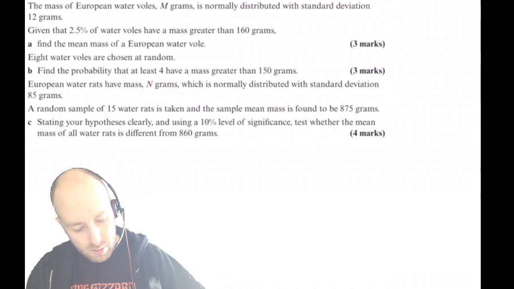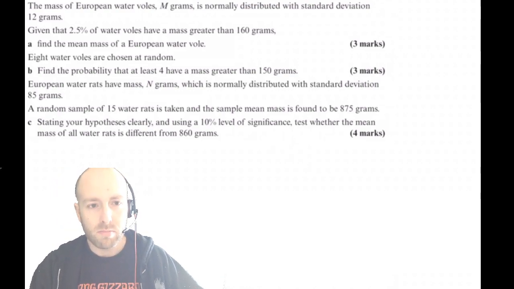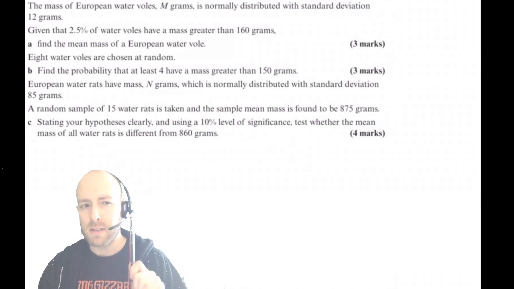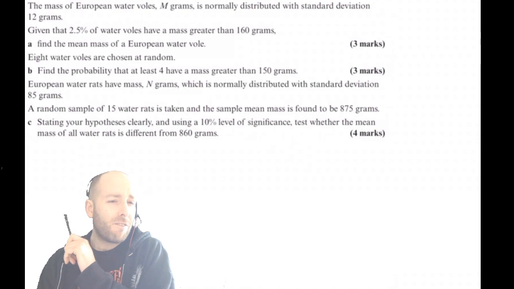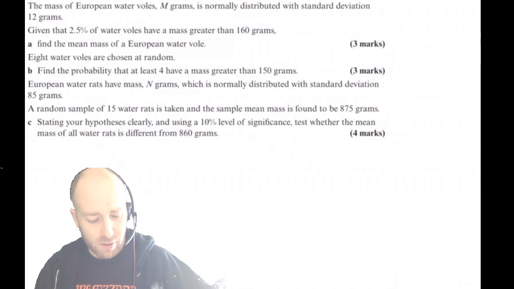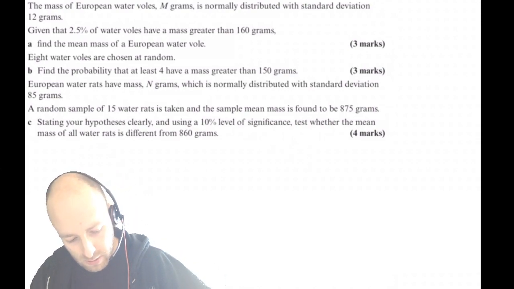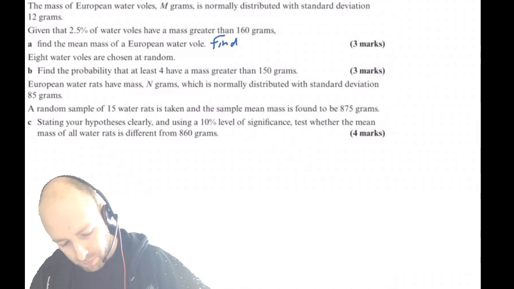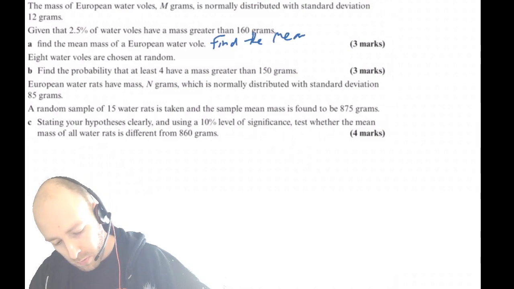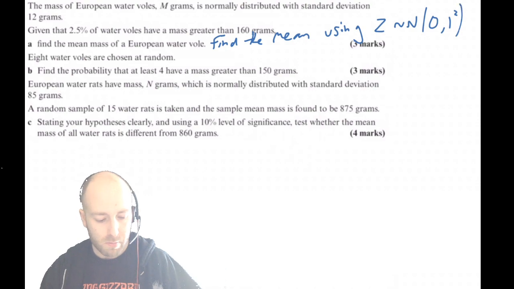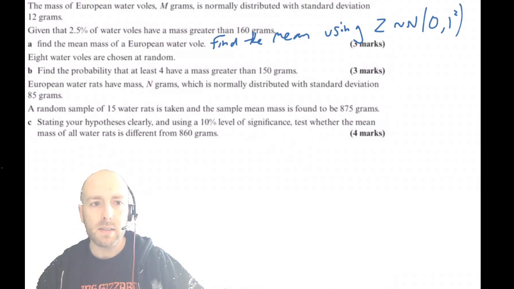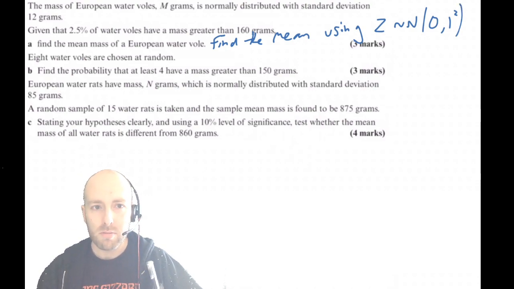Part A is just a standard normal distribution. You're trying to find a mean. So this is what we did last Friday. I think we did this last Friday. So we're trying to find the mean using, remember, Z normal with 0 and 1. Yeah, so that's part A. Part B is a binomial distribution question, which is nicely disguised.